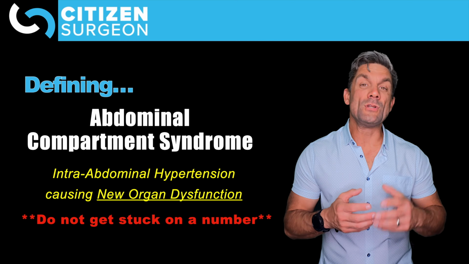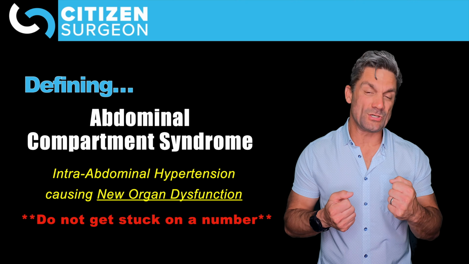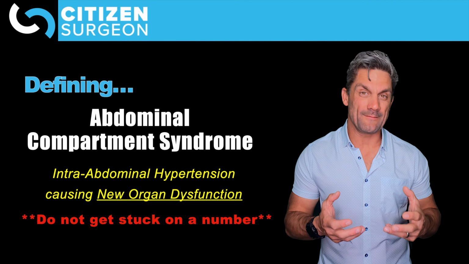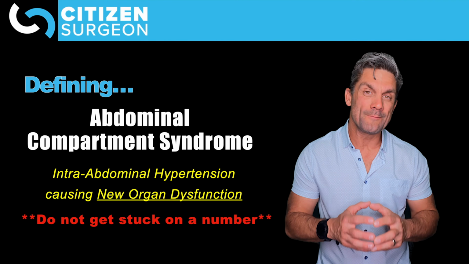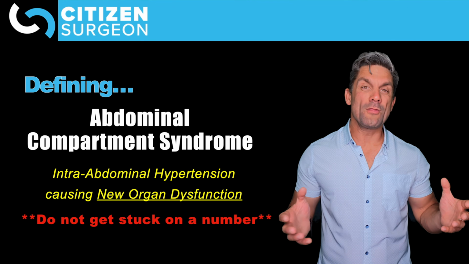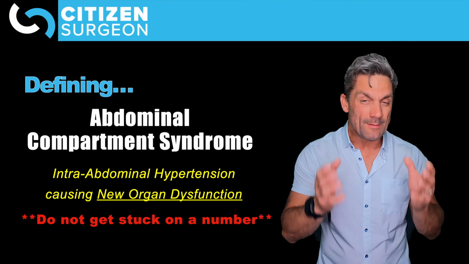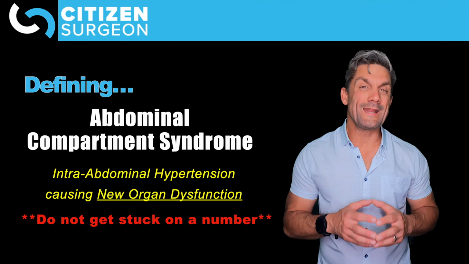You want to look for new organ dysfunction. If you find that, then you have to institute measures to start to treat this thing, okay? So don't get stuck on a number. Treat the patient as a patient, the whole thing, looking at all the organ systems, and if we have rising intra-abdominal pressure, new organ dysfunction, abdominal compartment syndrome, we got to initiate treatment.